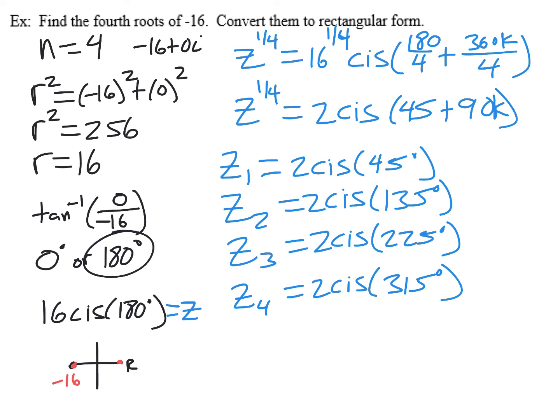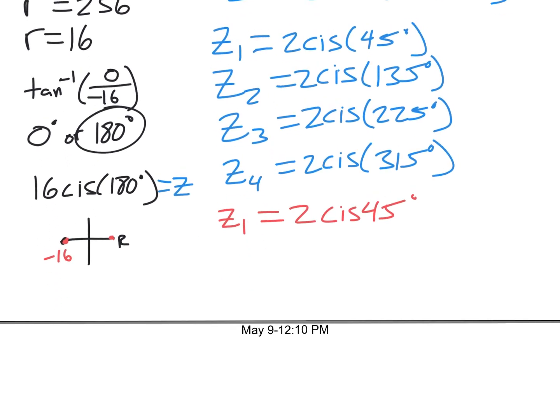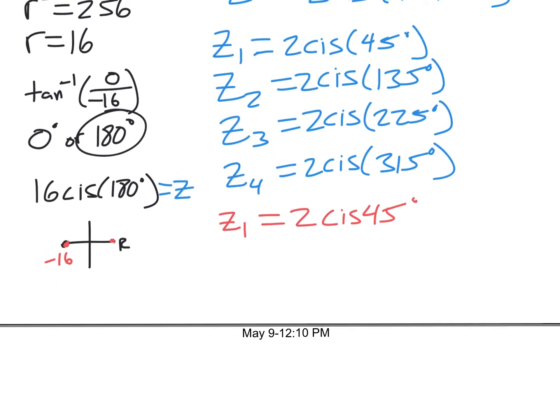It says to convert them back to rectangular. I'll do one of them. Right, on the slide before when we added up the complex numbers, we did a lot of conversions back. But if I were to take my first root of 2 CIS 45, okay? So I'm converting this one. I'll leave you those other 3.